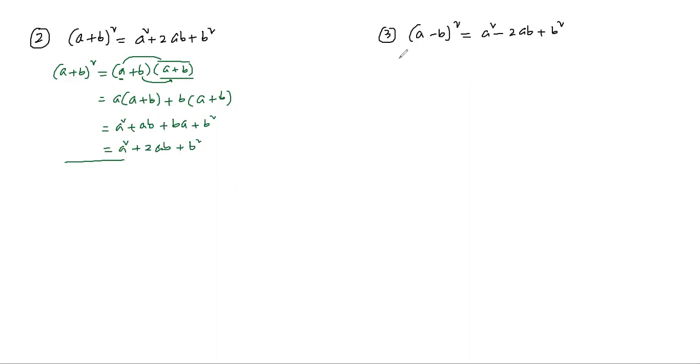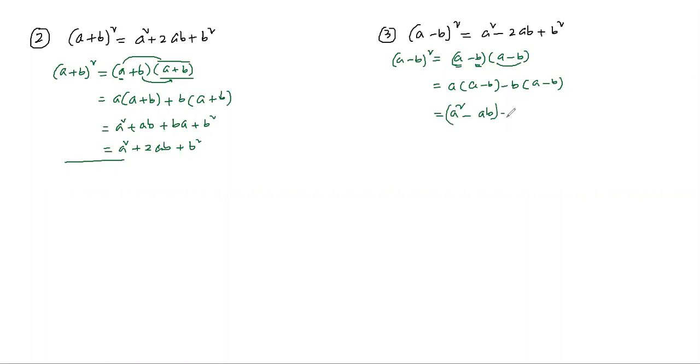In a very similar manner, for the proof of this one, it will be (a minus b) into (a minus b). The idea is the same. With this a, I have to multiply this completely, so it is a minus b. With this b, but remember there is a minus sign on b, so that will come here. So I get a square minus ab.